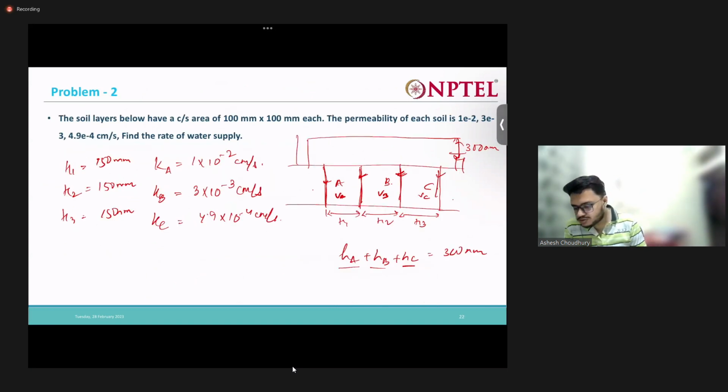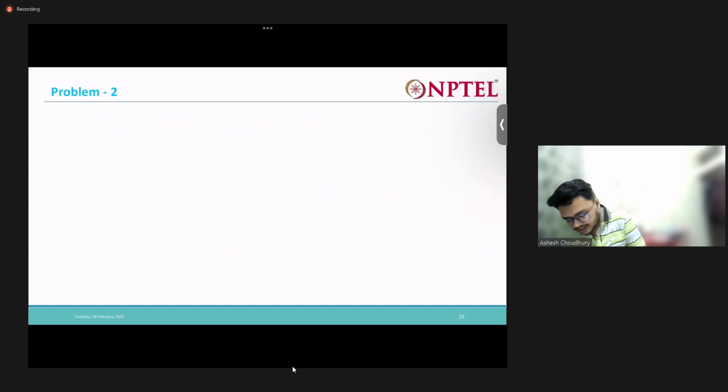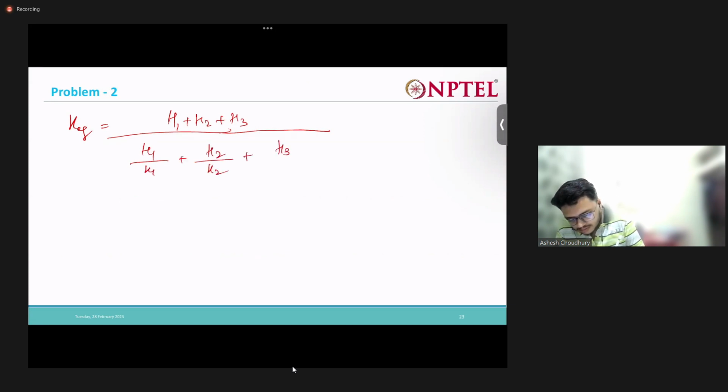So we need to use the k equivalent relation for the vertical flow case here. If we put all the values here, we will get the equivalent conductivity as Km.